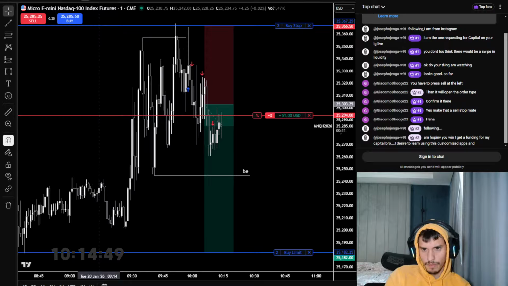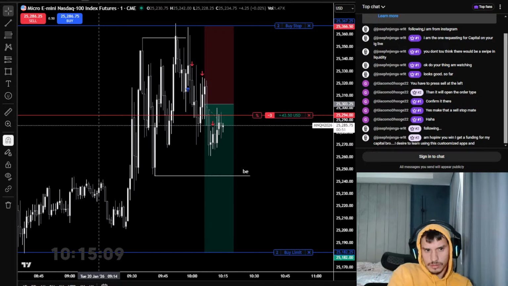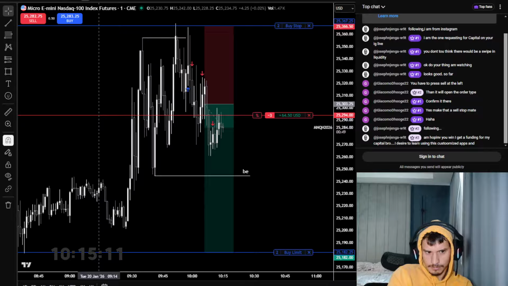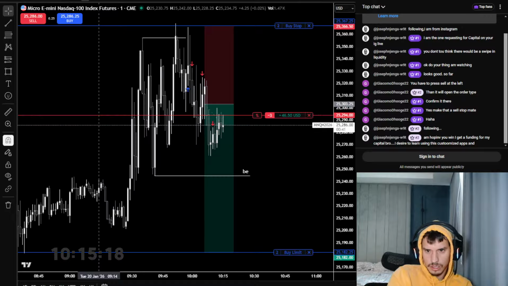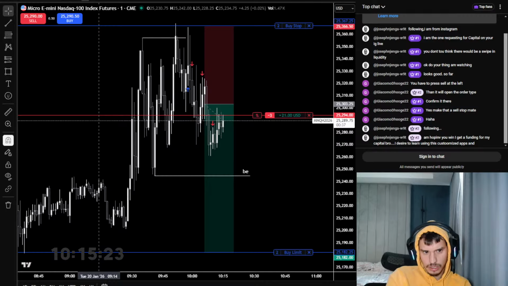ES is making its way to a bearish order block that I'm hoping we reject, as some type of last line of defense. So it's slowly pulling back from the dump, slowly pulling back. Not really an efficient way to the top, which gives me confidence.